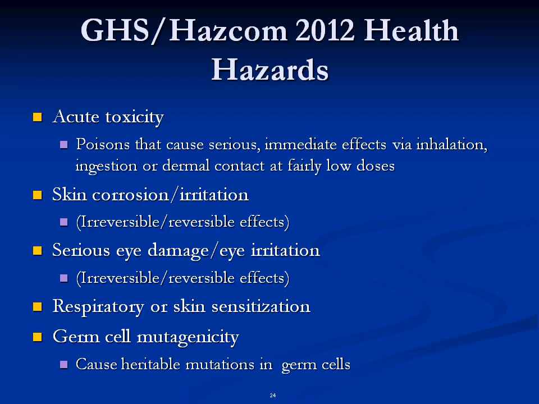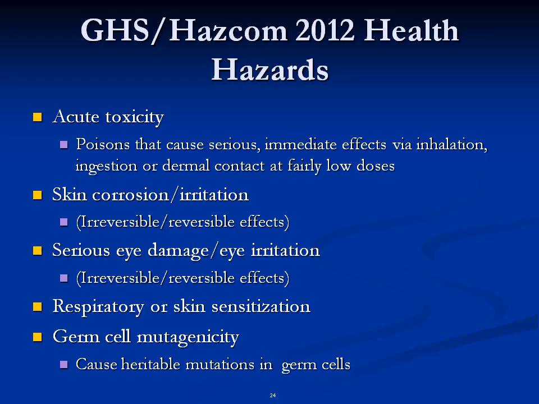We determine that by looking at data generated generally from animal studies, where we calculate LD50, which is a lethal dose at 50% of the test animals, or a lethal concentration, LC50, for materials that are toxic by inhalation. And so we'll look at how we take that data and do that classification.